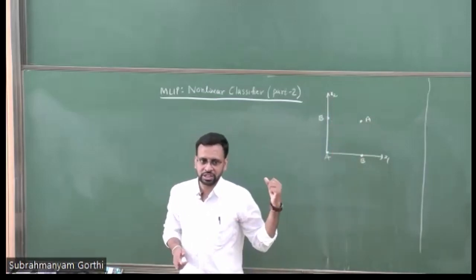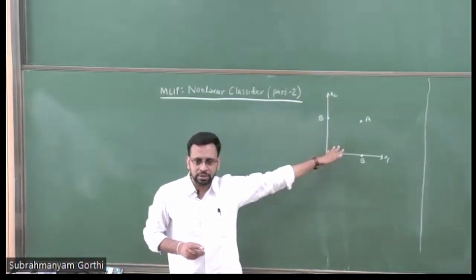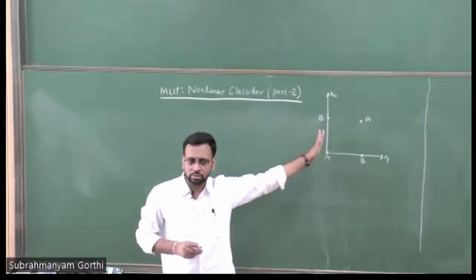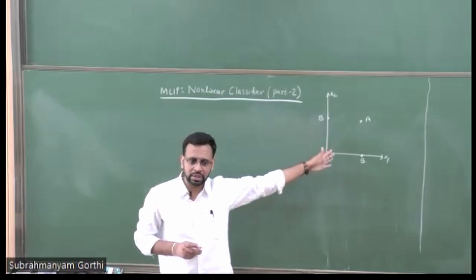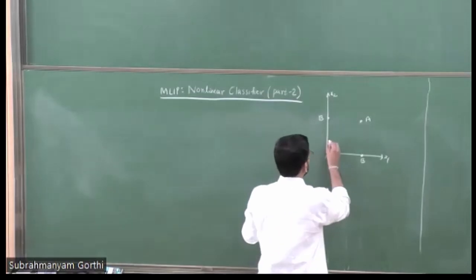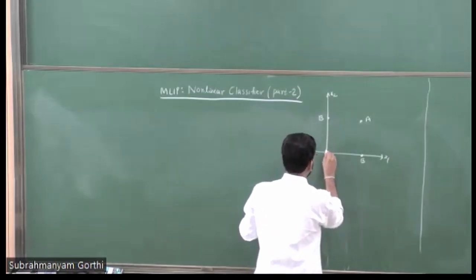As I was mentioning in the previous class, this is a trivialized example to illustrate how you would require, for example, a nonlinear classification. See, if you want, we can take it this way also. I could even have negative feature vectors.